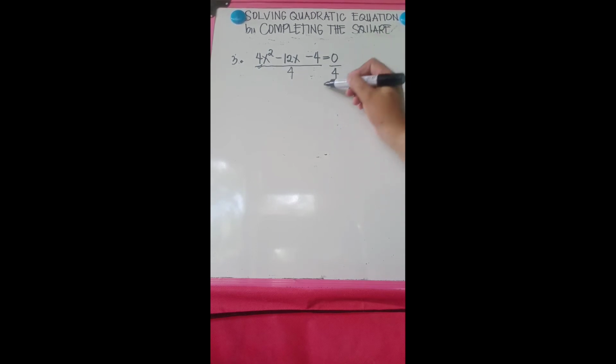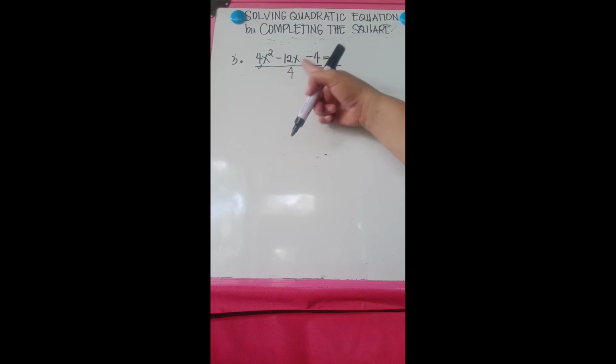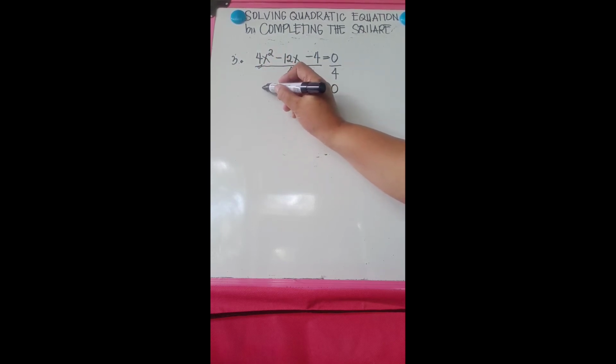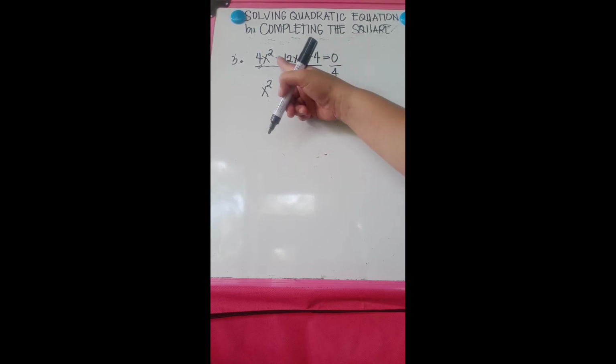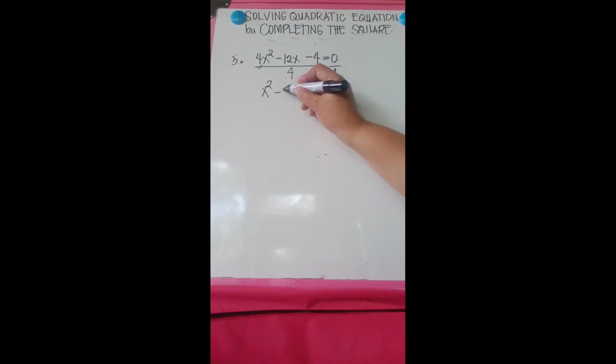Okay, so syempre, if we are going to divide 0 by 4, the answer is 0. Then dito sa left, divide each term by 4. So 4x squared divided by 4 is x squared. Then, negative 12x divided by 4 is negative 3x. And then, negative 4 divided by 4 is negative 1.